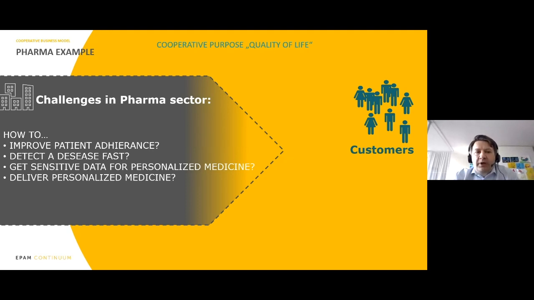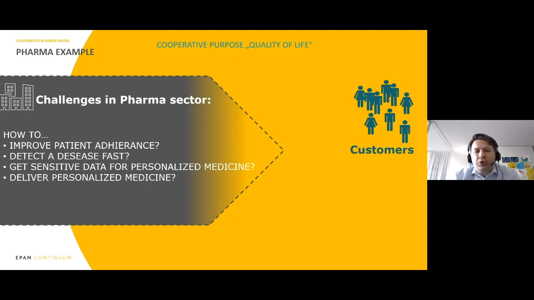And you have the challenges of, or the questions around, how do I deliver that personalized medicine very fast. A very relevant topic nowadays, if you look at COVID, we have detected this disease very late. We still don't have any reliable data available for the clinical trials.